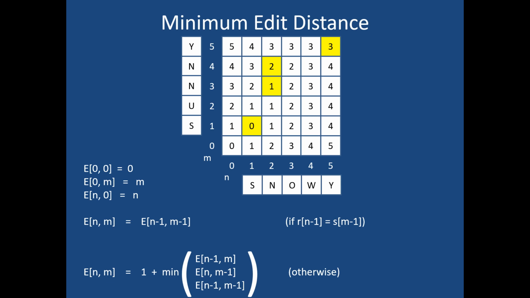Now, we talked about the optimal substructure property. And you can see it exhibited here, in that the solution to every subproblem is in that array as well. So what's the minimum number of edits it takes to convert the first 2 characters of snowy into the first 3 characters of sunny?